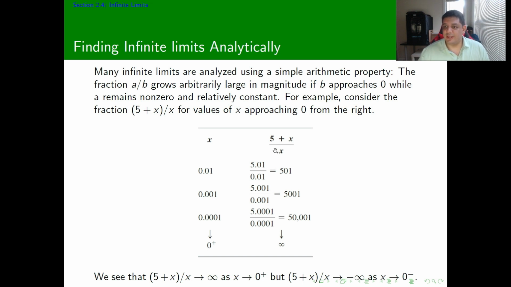So we can try and guess where the limit is going to land. If we approach by the right side, notice we can start with values very close to 0, and then we're getting closer and closer. Notice that every time the number is getting larger and larger, so that means that as we approach 0 by the right, this is going to infinity.